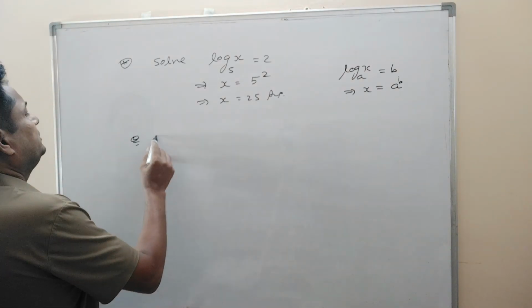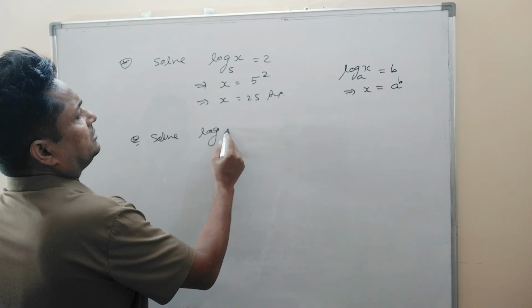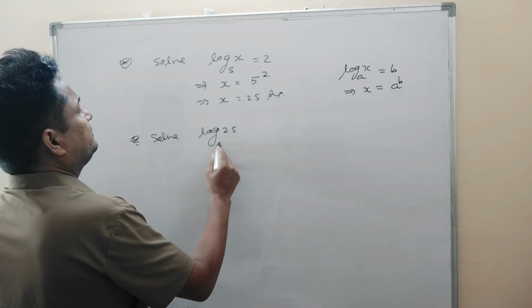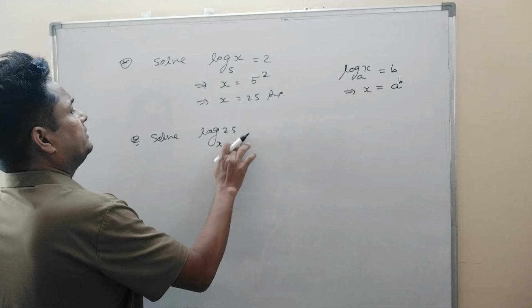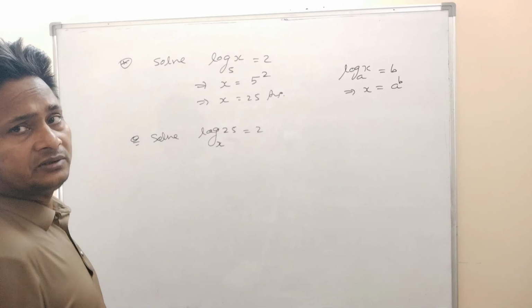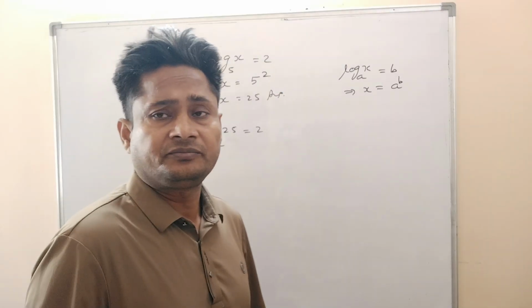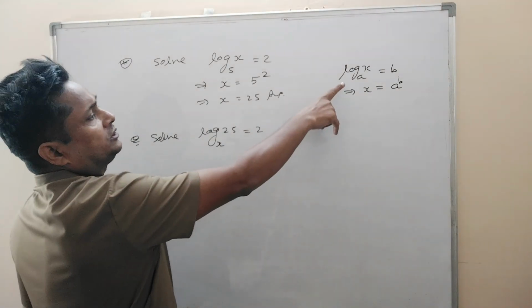Now the next question is, let's say, solve log of 25 base x is equal to 2. Let's say you have to solve this question. So use this property.